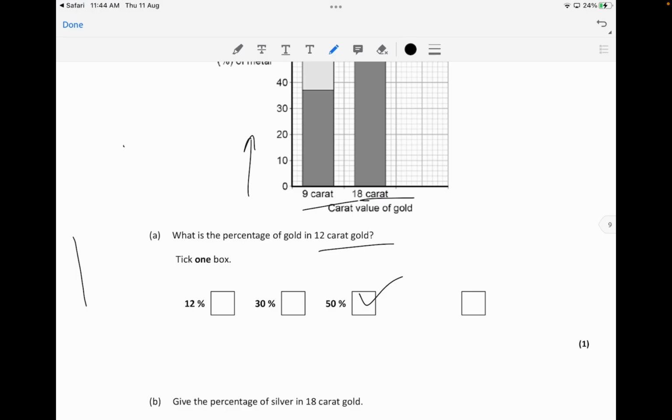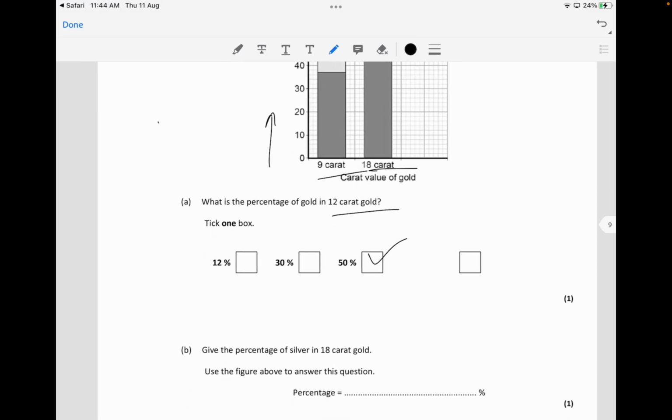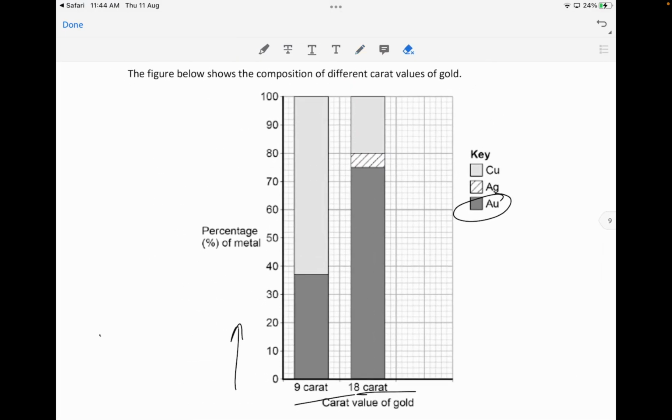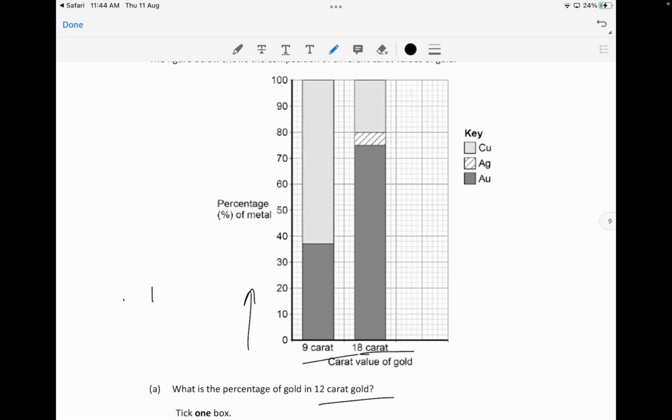Now, give the percentage of silver in an 18 karat gold. We know that the silver metal here is Ag, so if you look carefully, 10 divided by 5, that's going to be 2% per square.